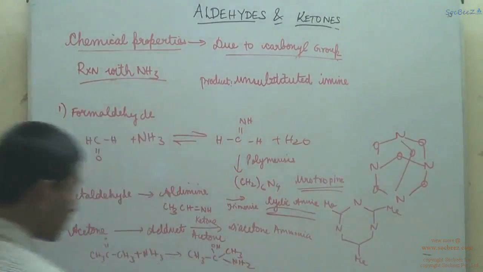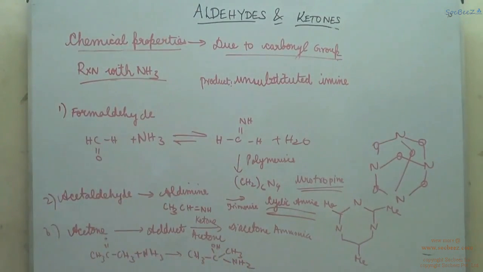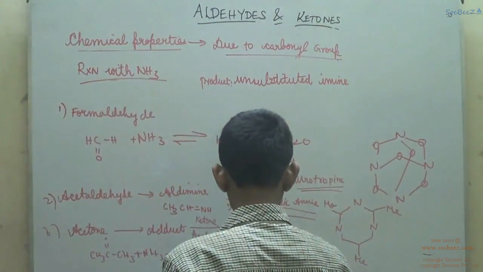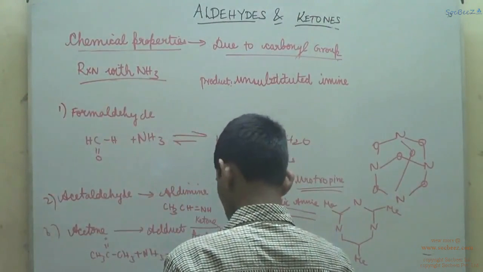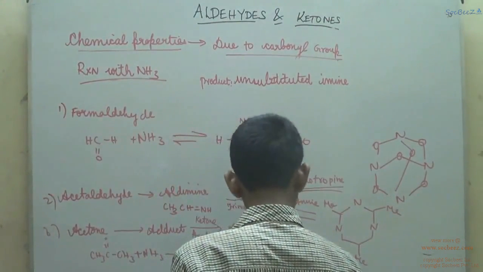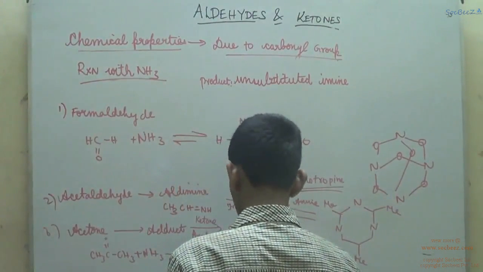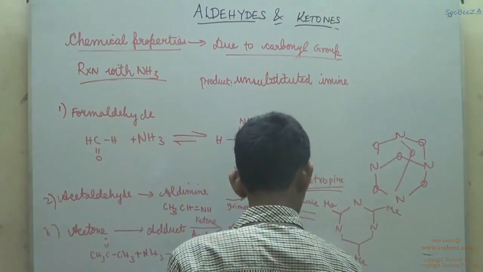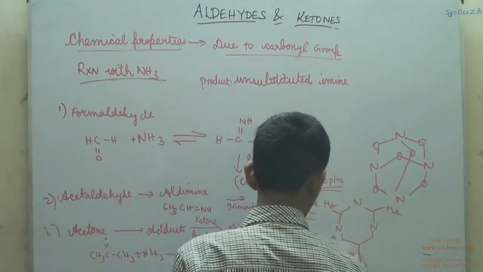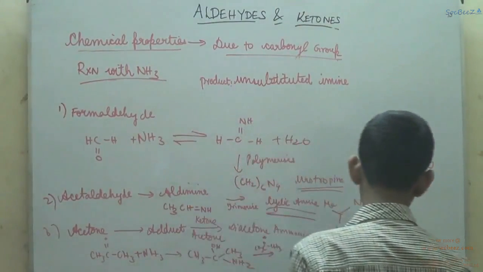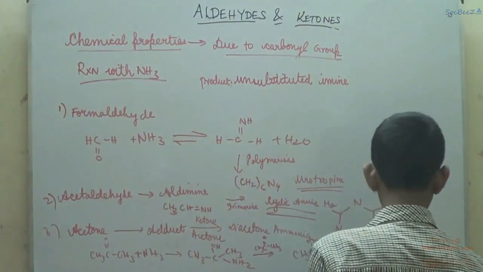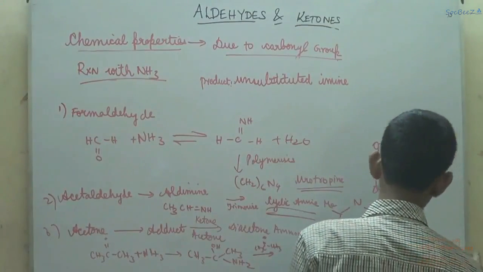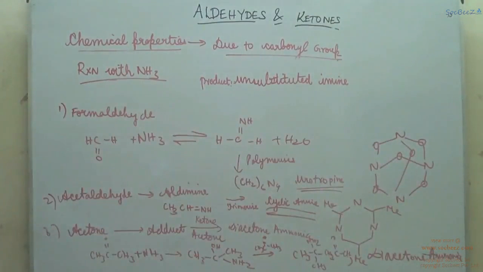This is the addition product, and when you treat it with another acetone, then you get diacetone ammonia. The structure is retained, whereas a water molecule is removed, and this is diacetone ammonia.